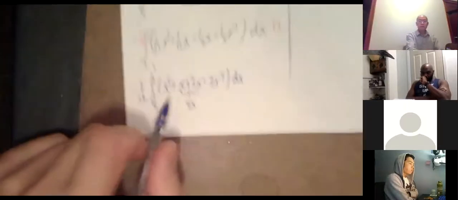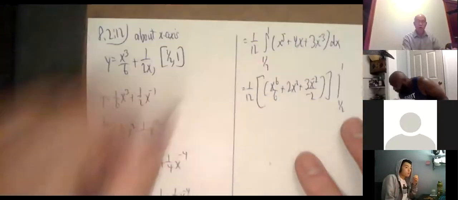So all I did was combine that. Okay. So 1/12 times x to the 6th over 6 plus 4x squared over 2, right? Plus 3x to the -2 over -2, on 1/2 to 1.